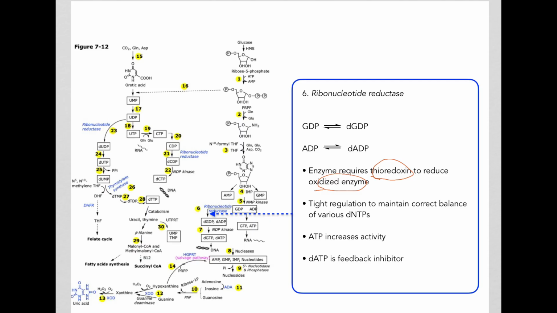Now, not surprisingly, this enzyme is under very tight regulation in order to maintain the correct balances of all the various deoxynucleotides. ATP is an activator of this enzyme, while deoxy-ATP is a feedback inhibitor of ribonucleotide reductase, and we'll see this becomes an important point later in a disease.